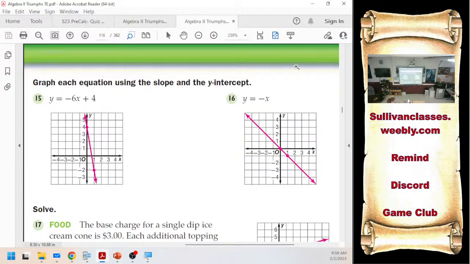15, 16, checky checky. So far, we've been lucking out that the scale on most of our graphs has been going by 1. That is not always the case.